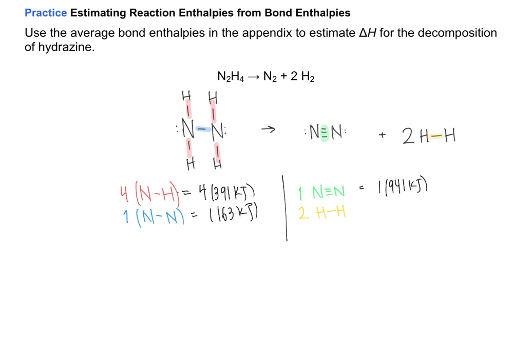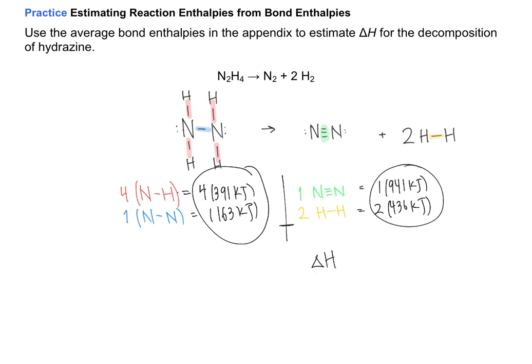So again, triple bond, a lot of energy in there. And then we have 2 hydrogen-hydrogen single is 436 kilojoules. So we could just do this value, add it, minus this value. And when you do that in your calculator, you get negative 86 kilojoules.